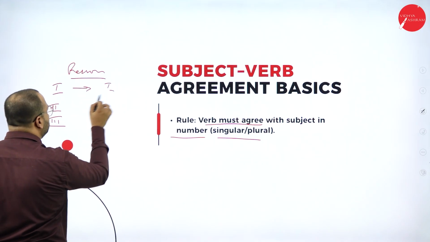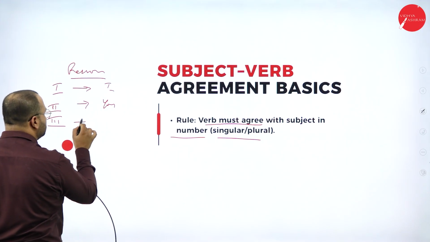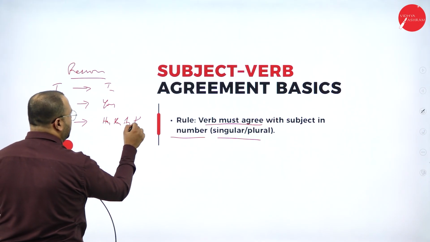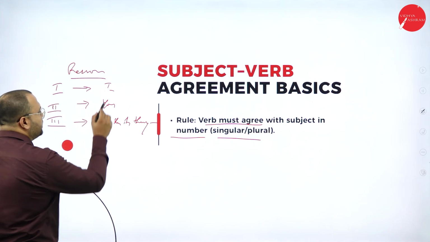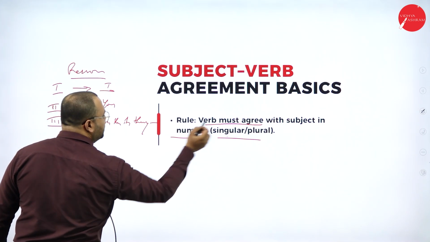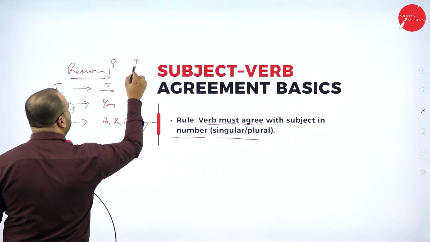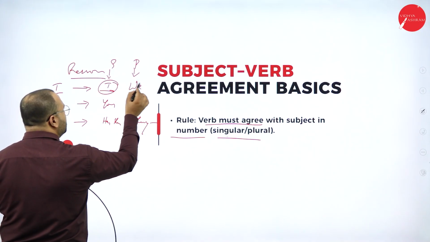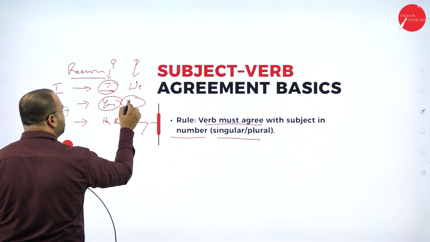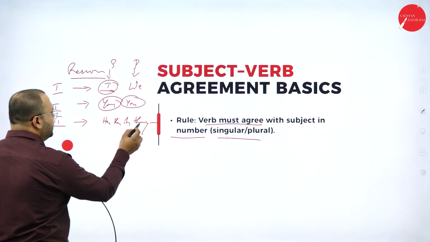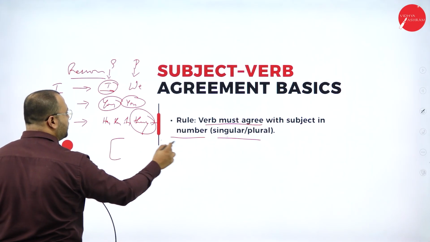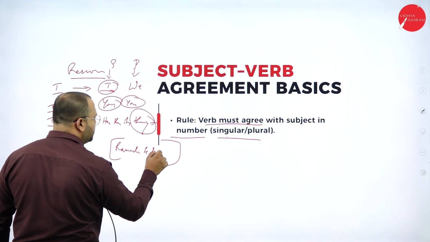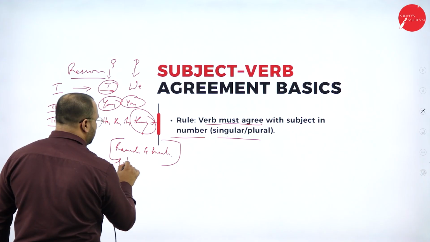First person is I, second person is you, third person is he, she, it, they, etc. First person singular is I, plural is we. Second person, you and you both is you. Third person plural is they, and a mixture of names like Ramesh and Suresh, Sita and Geeta.